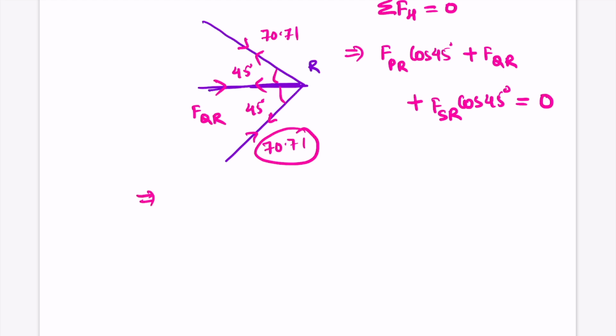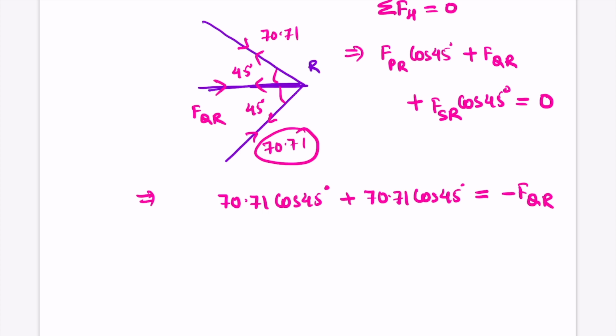We know FPR, we know FSR, so we can write 70.71 cos 45 degree plus 70.71 cos 45 degree equal to minus of FQR, right?